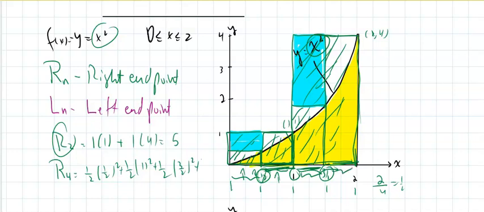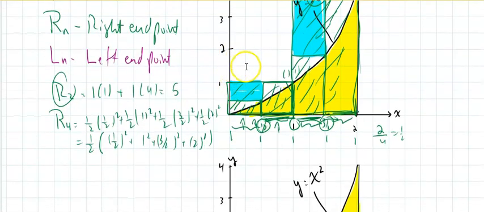Plus this will be 1/2 as well, and the height will be at 2 squared. If I factor the 1/2 out, I'm looking at 1/2 squared plus 1 squared plus 3/2 squared plus 2 squared. Whatever that is, the point is, my new approximation is better than my previous approximation.